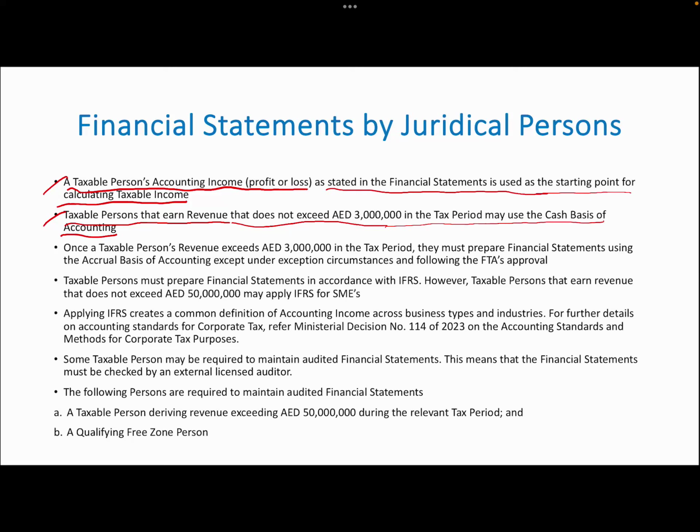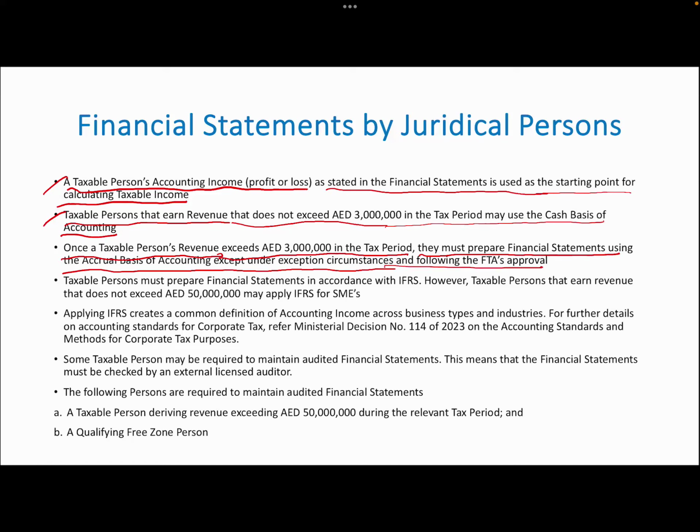We all know the difference between the two. Once a taxable person's revenue exceeds 3 million in the tax period, they may prepare financial statements using the accrual basis of accounting, except under exceptional circumstances and following the FTA's approval.